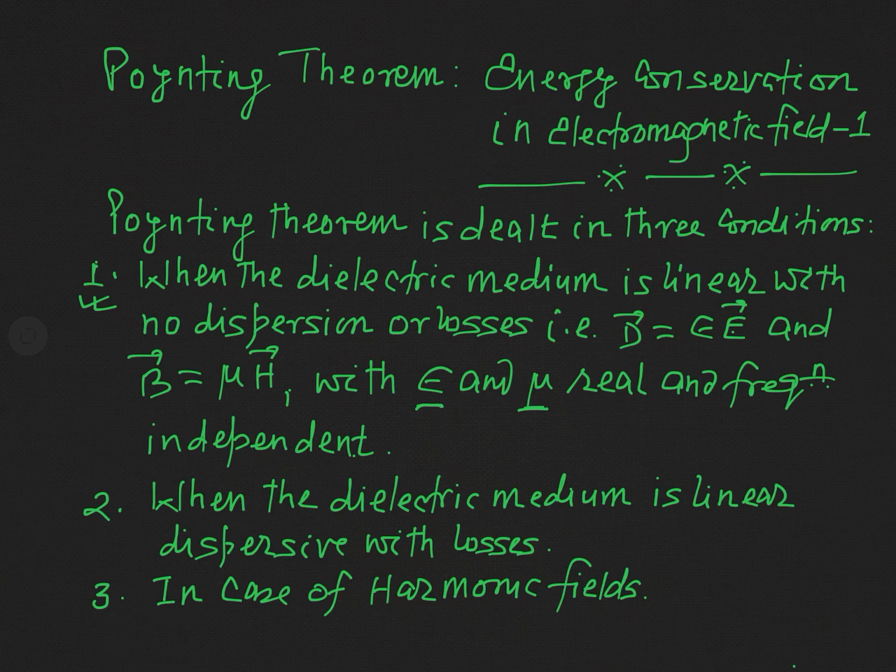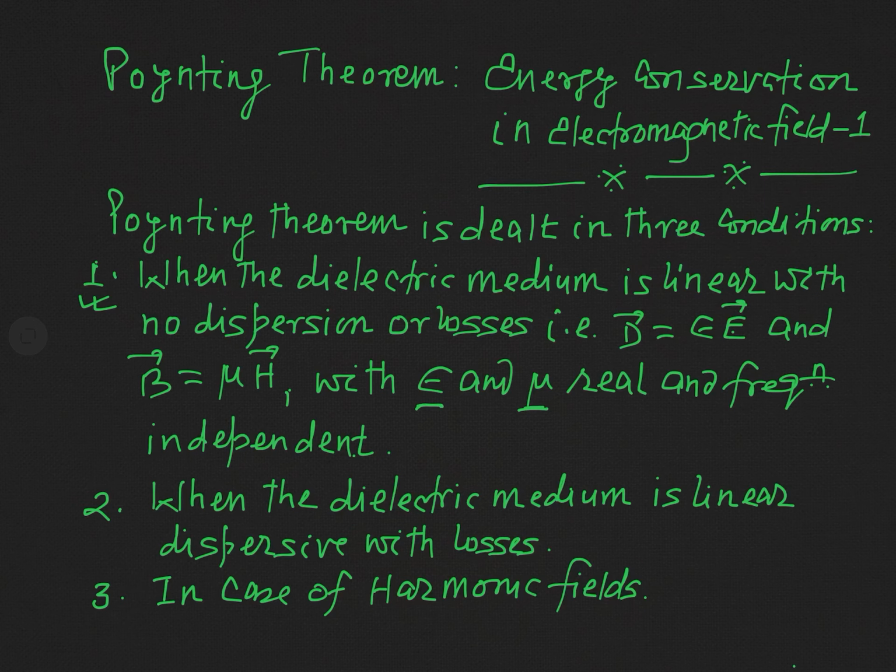When we consider the harmonic field, then what will be the Poynting Theorem? The gist of Poynting Theorem in any condition is the same, that it is in fact dealing with the energy conservation in electromagnetic field, but in accordance with the nature of the medium, its mathematical form changes, but the inner fact of the theorem remains the same.